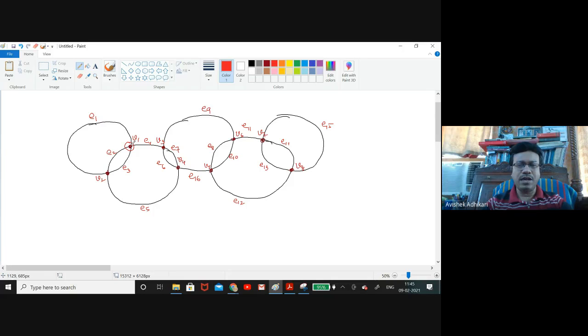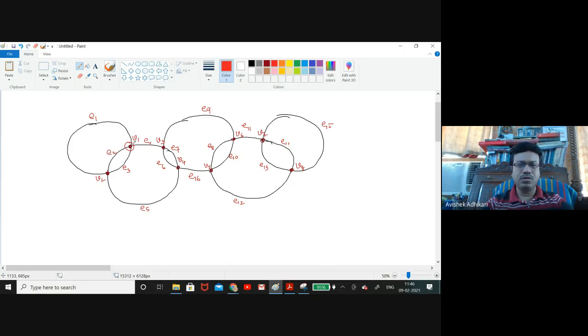Now start with this vertex and explore all the edges exactly once. The idea is that if you start pointing your pencil or pen here, you cannot lift your pen. Starting from here you have to explore all the edges exactly once, and you should come back to V1 once again. I am repeating: you cannot lift your pencil from the paper.